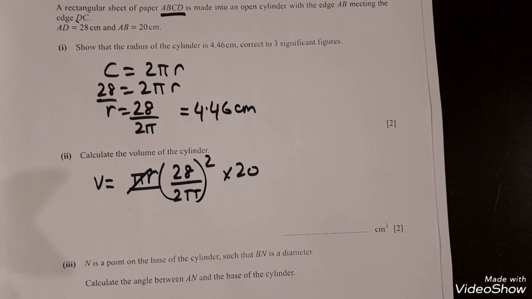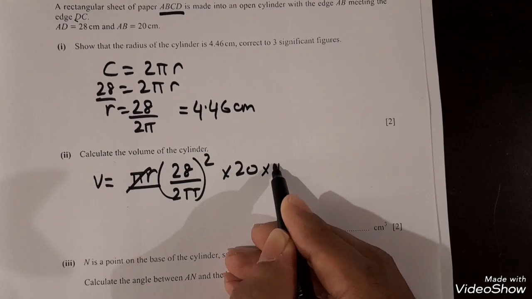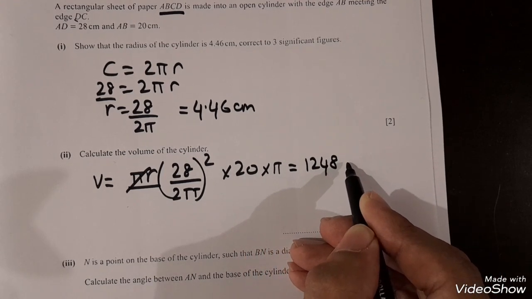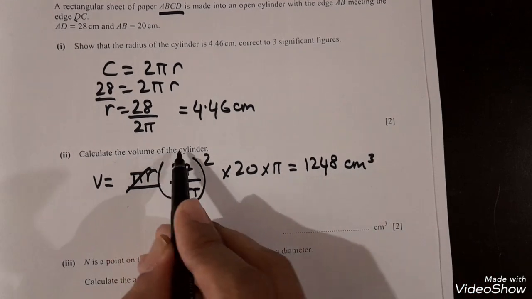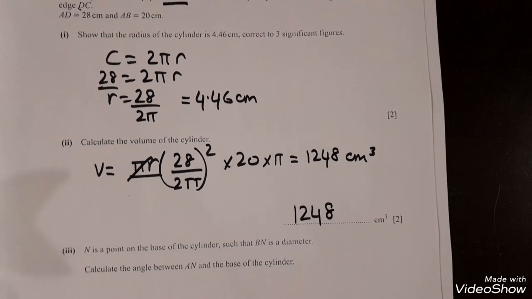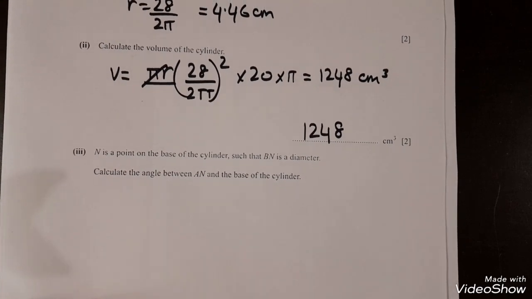This will be 1248 centimeters cubed. So the final answer, the volume of the cylinder, will be 1248 centimeters cubed.